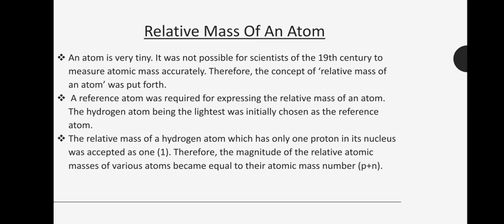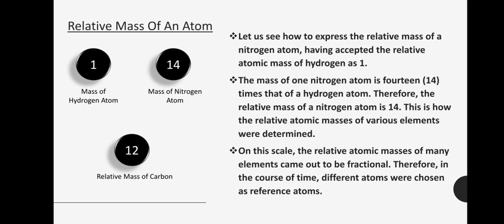Followed, students? Now relative mass of an atom, if you see, hydrogen with the atomic mass of 1 and nitrogen of 14 and carbon of 12. Now let us see how to express the relative mass of a nitrogen atom, having accepted the relative mass of hydrogen as 1. Correct?